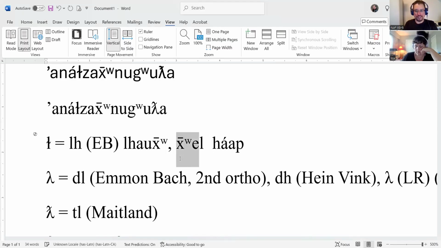They might separate that L and the H, and they might say hul hop, because they're reading these as two separate symbols, two separate sounds. And I've seen this happen. I've heard people look at this word spelled the way Emma Bach would spell it and say hul hop. And that's not the correct pronunciation. And it's due to the use of two separate consonants, two separate symbols to represent the one sound.